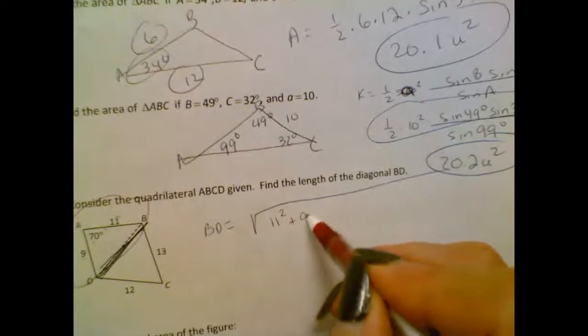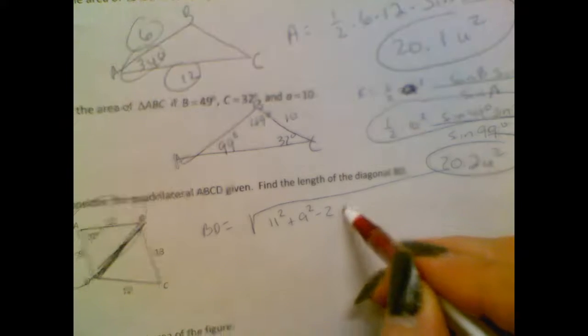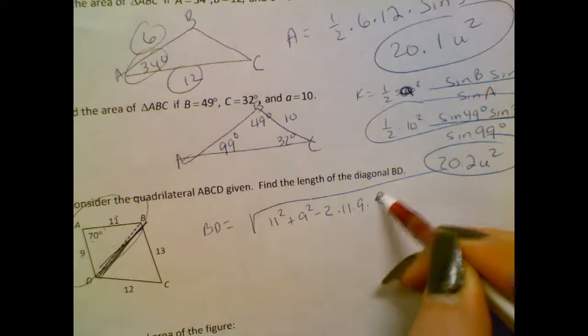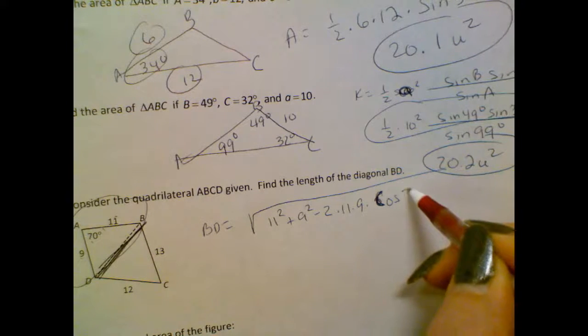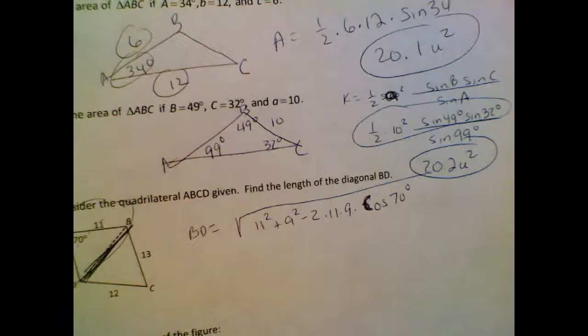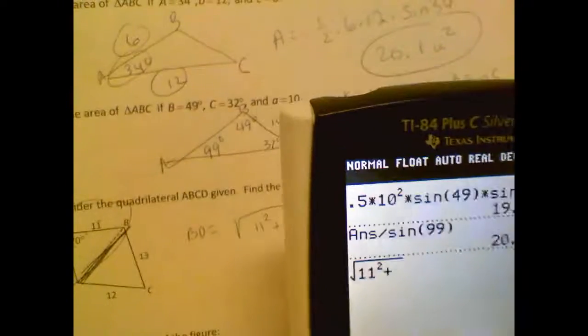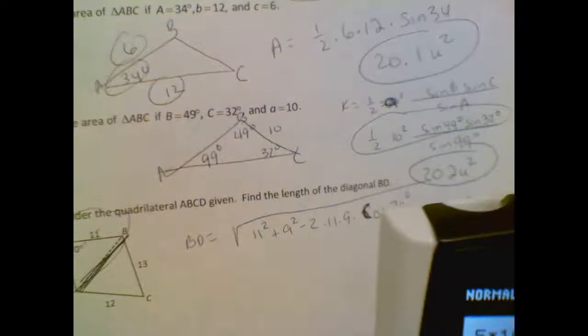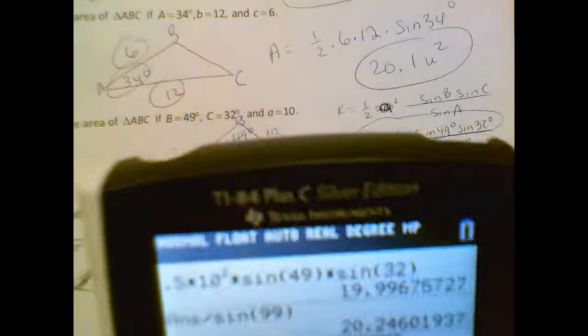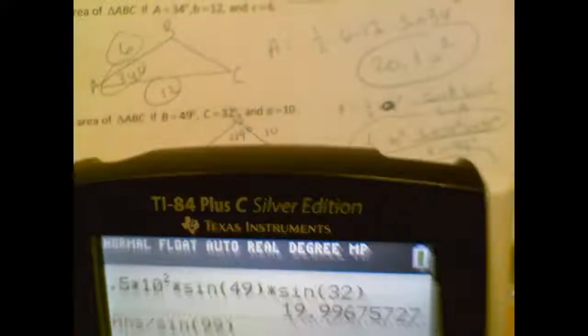Side squared plus side squared minus 2 times side times side times cosine, because it's law of cosines, cosine of 70. The answer is 11.6. So that's how long it is, 11.6.